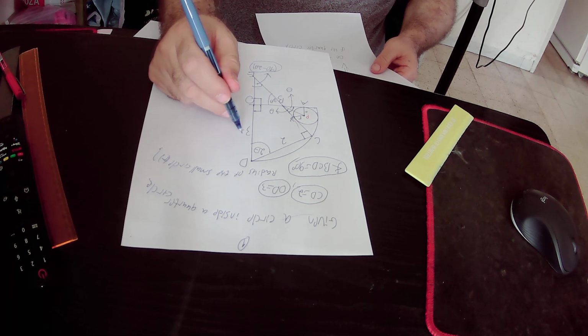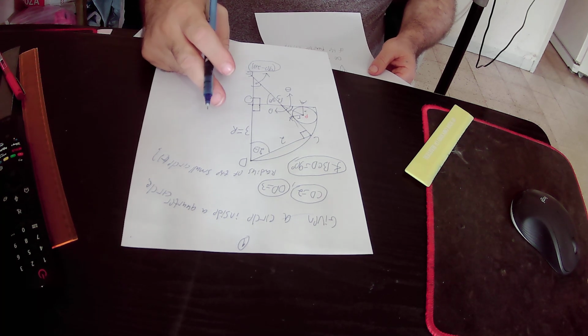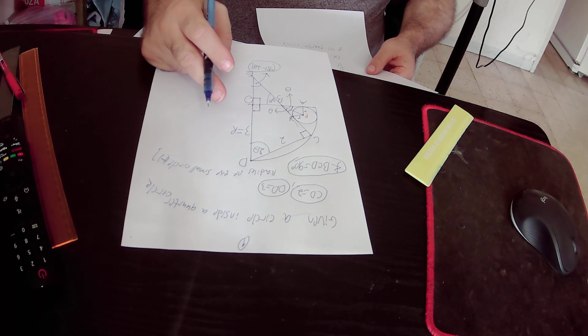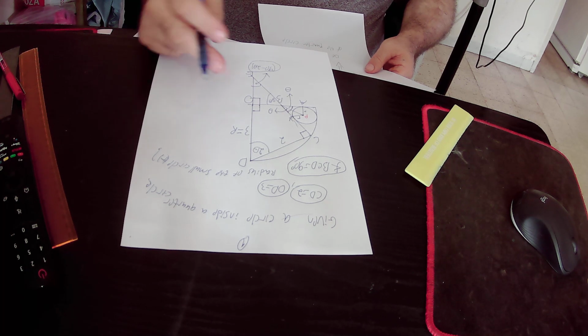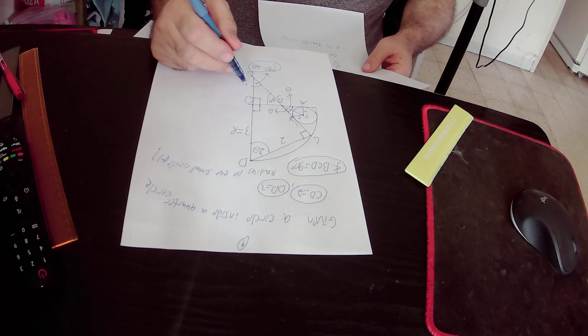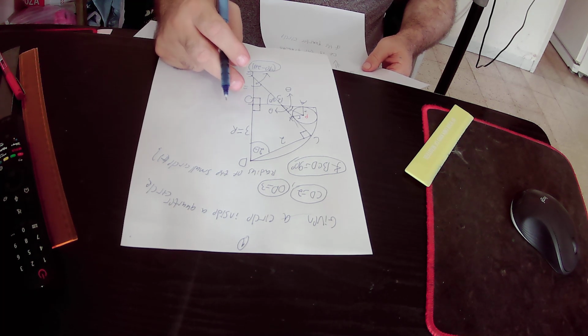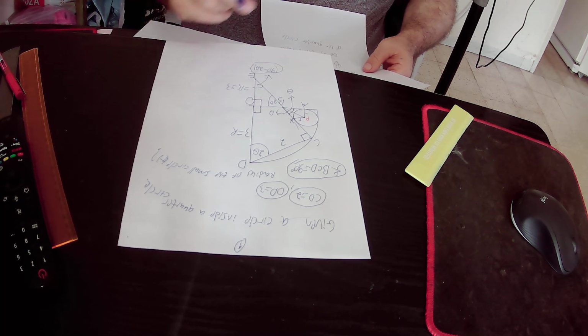I will call the radius of the quarter circle capital R. And we know that DE is the diameter of the quarter circle. Therefore, DE must be equal to 2R. So if DO equals R, then OE must also equal R. And we know that R equals 3, so OE equals R, that equals 3 units.